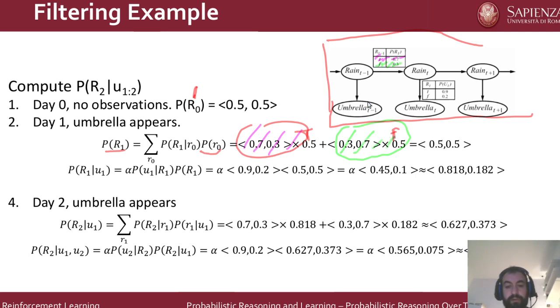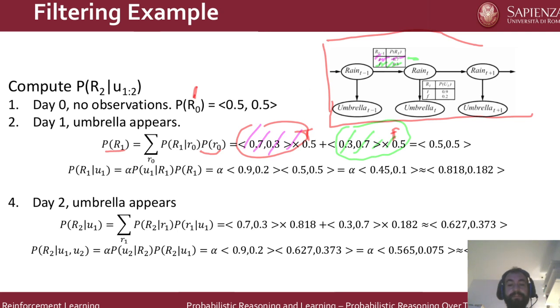Okay, so in this case we have to multiply 0.5 by the first row, where the probability of rain being true is 0.7, and the probability of rain being false is 1 minus 0.7, which is the term that we don't see here.